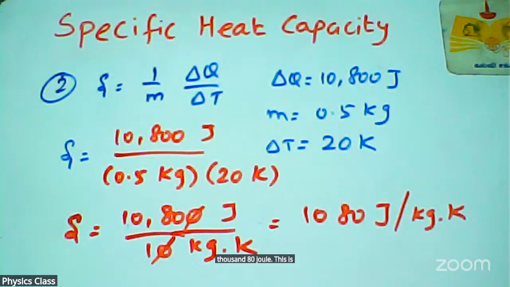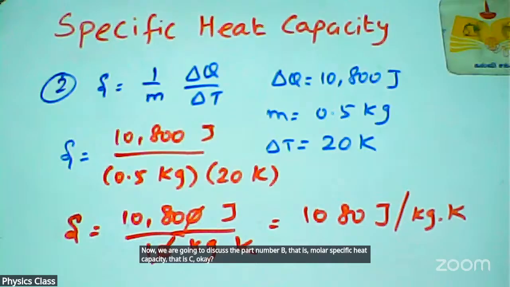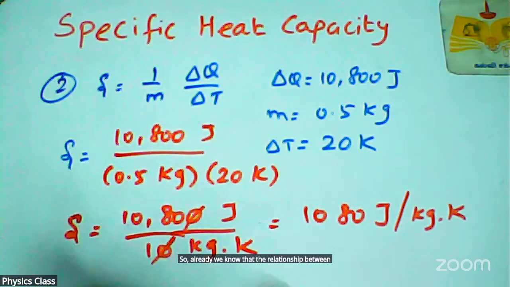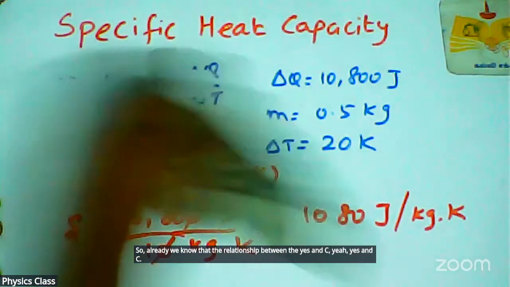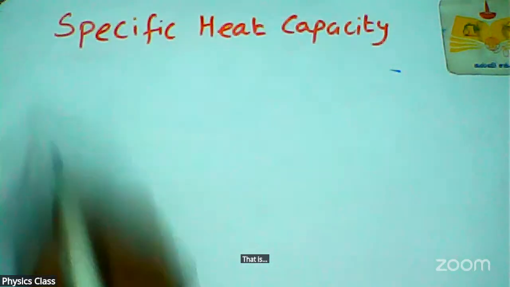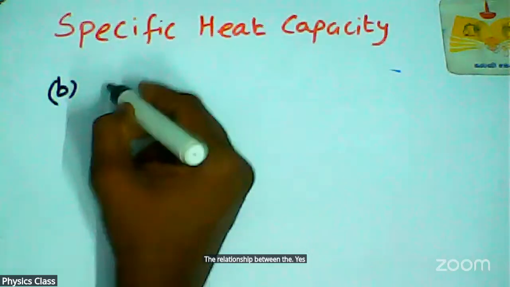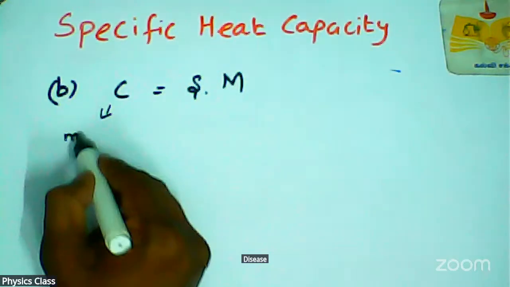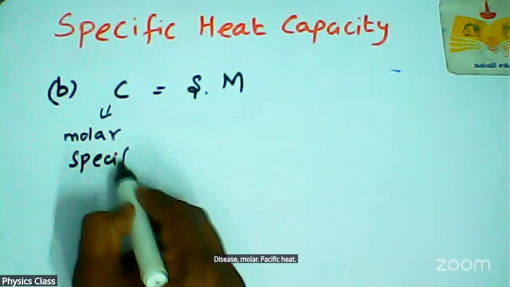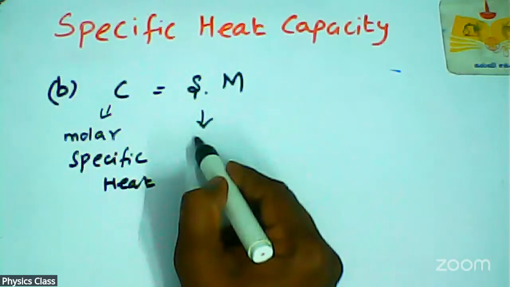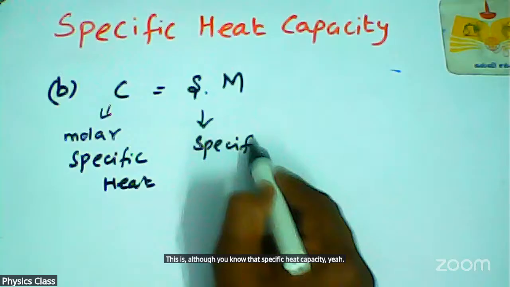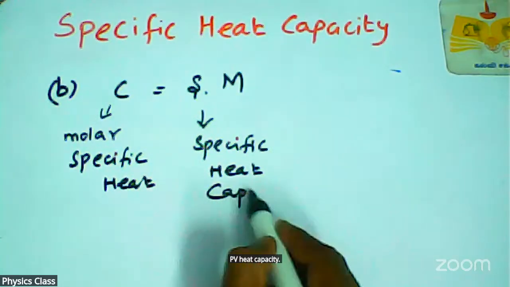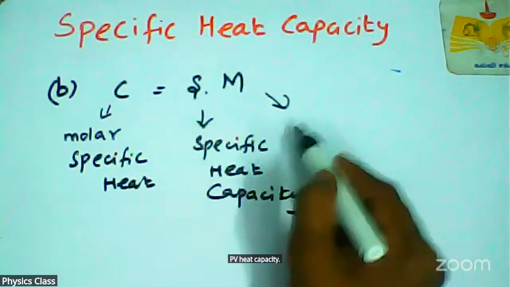This is part A. Now we are going to discuss part B, that is the molar specific heat capacity, C. We already know the relationship between s and C: C is equal to s into M. This is the molar specific heat, this is the specific heat capacity, and this is the molar mass.